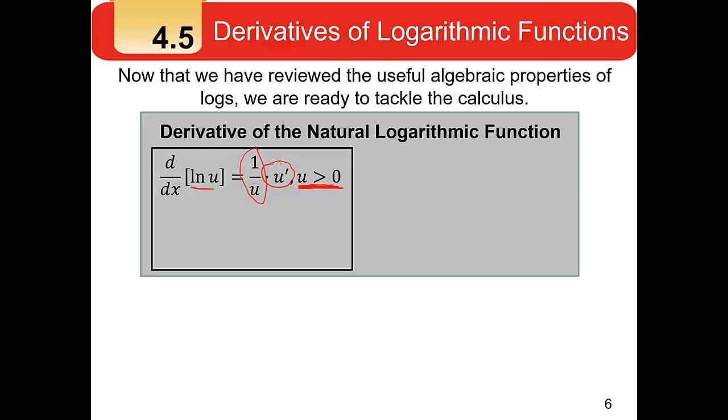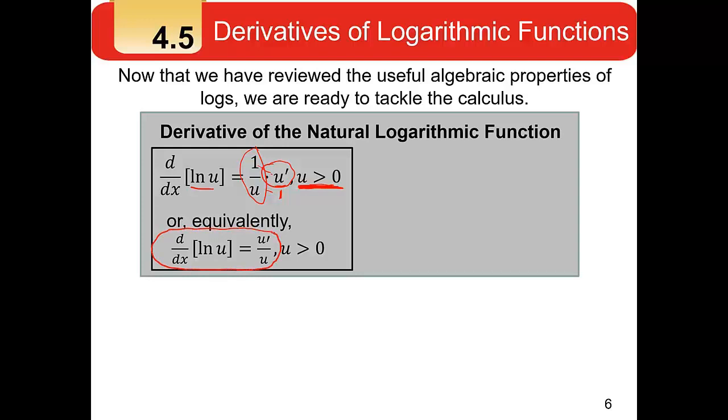Now, most of the time, I like to write that formula slightly differently. If you think of u prime as u prime over 1 and then multiply top times top and bottom times bottom, that formula can turn into something that to me is easy to remember. It's just u prime over u. So the way I like to use this formula most of the time is think of it this way.